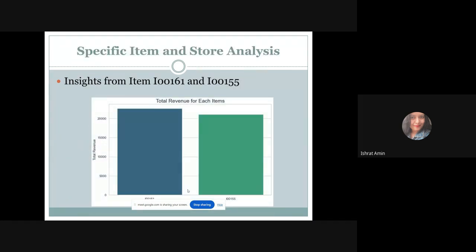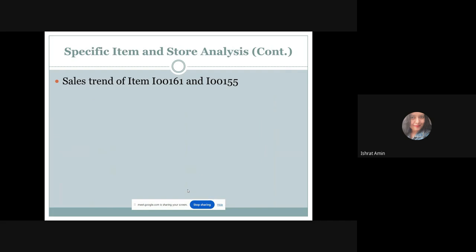Here is the analysis of specific items and store analysis, which is the third part of my presentation. I was assigned these 2 items. These are the total revenue; we see almost similar total revenue for these 2 items.